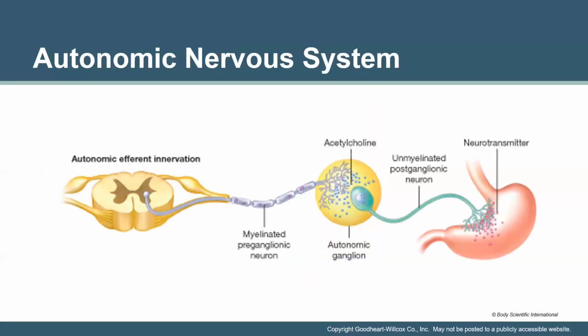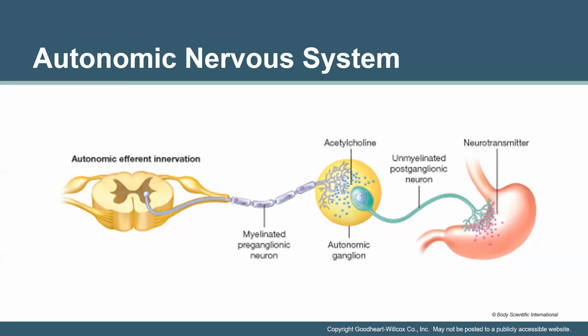Okay, so when we go into the autonomic nervous system a little bit more, remember it's broken down into sympathetic and parasympathetic nervous systems. We can say somatic nervous system, and the autonomic or involuntary nervous system.